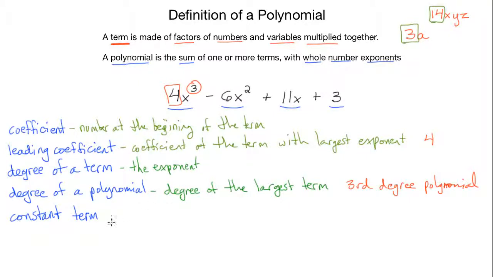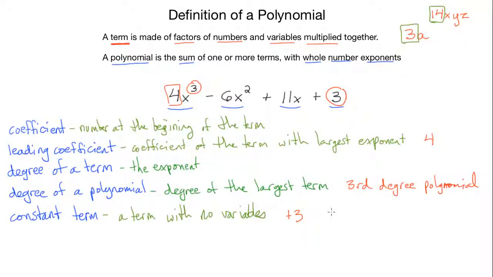All right, and finally we have a constant term. What are we talking about with a constant term? So a constant means it never changes, right? So what term never changes? Well, any term without a variable. So a constant term is a term with no variables. So in this example right here, my constant term would be the 3 on the end, the plus 3.